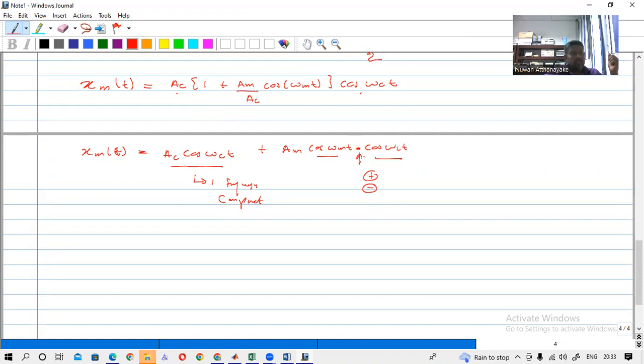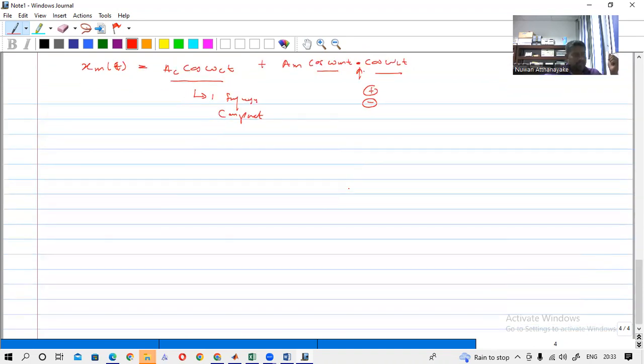There is a multiplication of two cosines, so we can use this identity.